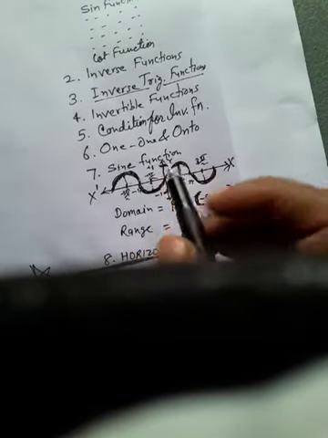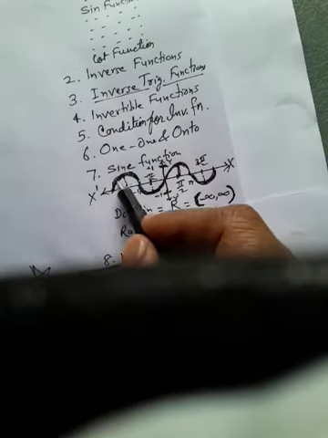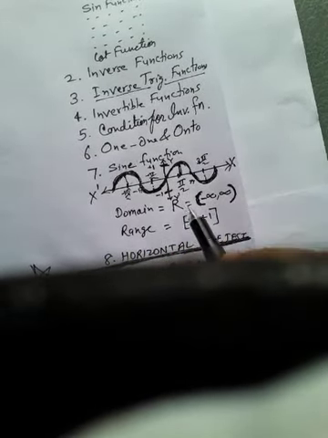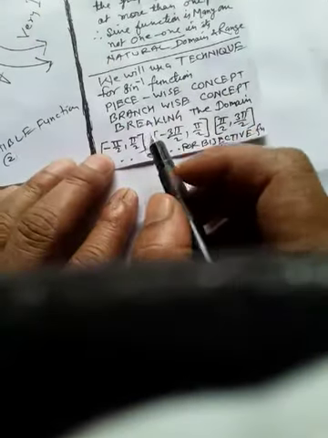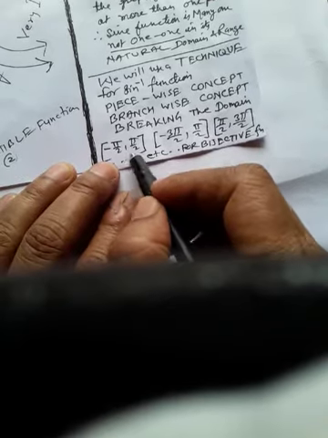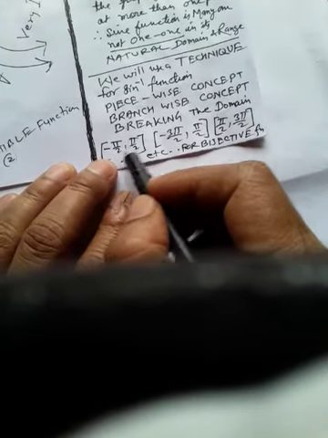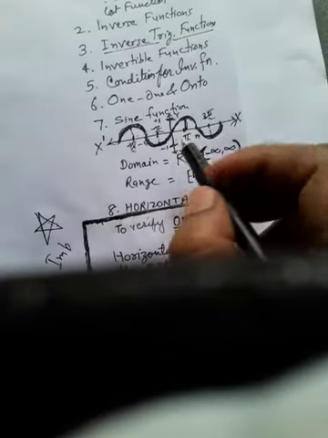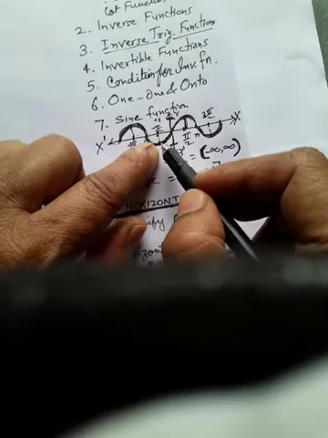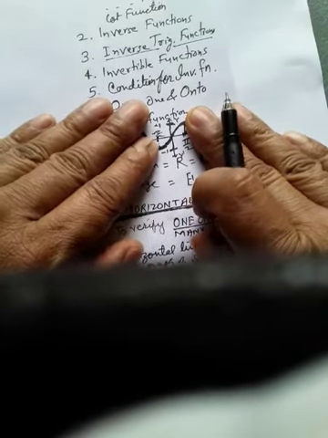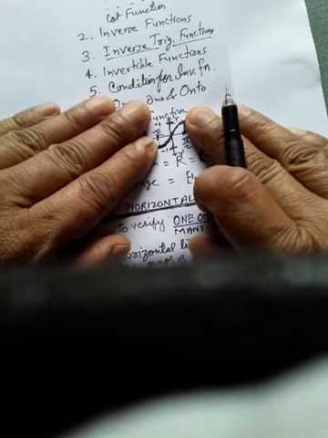Now we are breaking the domain, which means we are not taking the whole graph, we will be breaking it. And how will we break? This is very interesting to note. Minus pi by 2 to pi by 2. See, this is minus pi by 2 and this is pi by 2. So you will see the graph up to this only.